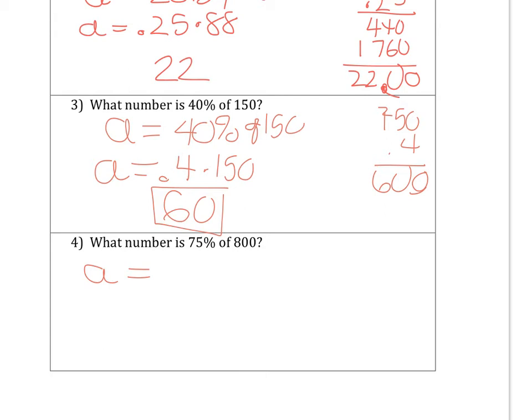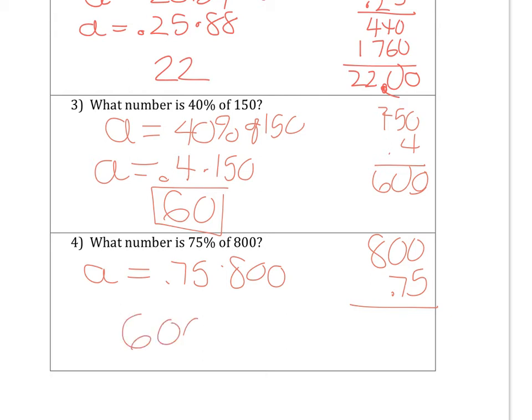Last one, A equals 0.75 times 800. We're just multiplying 800 times 0.75, and that one's going to come out to be 600.